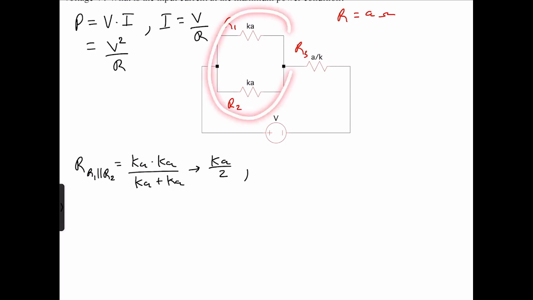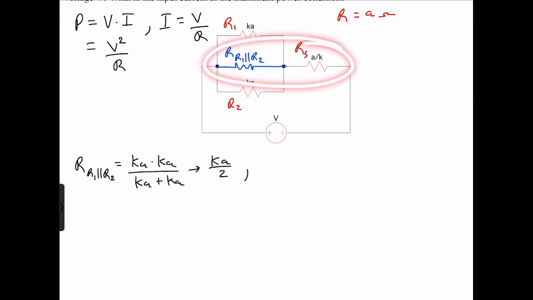Now that we combine these, we can write this as R1 parallel with R2. We can then add R3 to it.